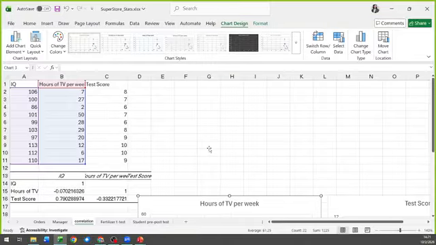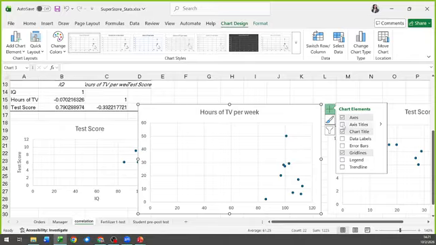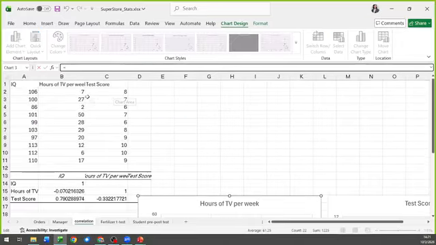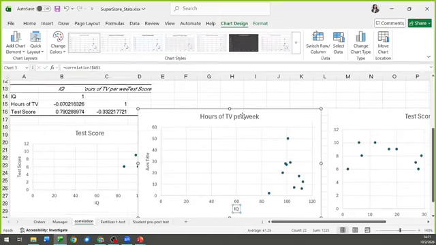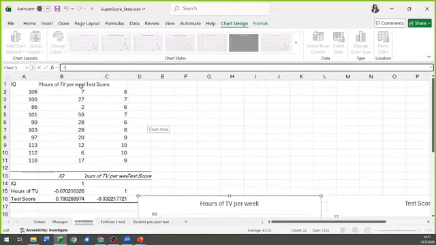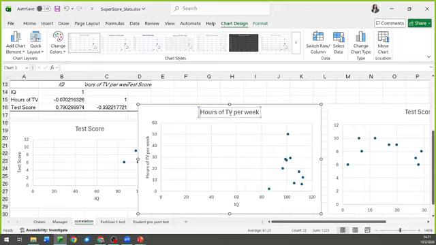Okay, all right. This is between IQ and hours per week, and then add axis title. This is IQ, and this is hours TV per week. Let's change the title so that we know which one is which.